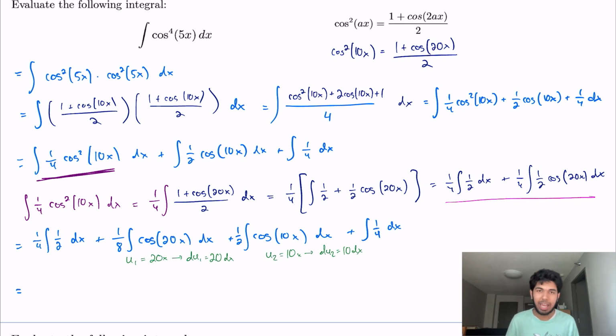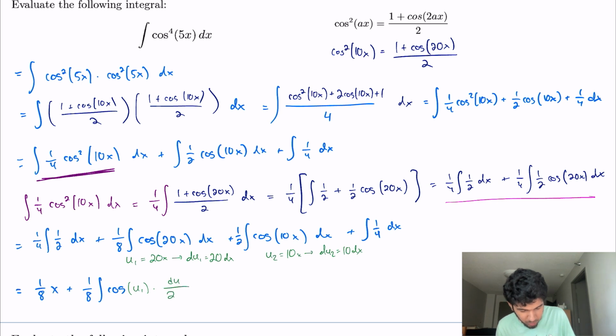So the integral of 1/2 will be 1/2 x, multiplied with a fourth gives us 1/8 x, plus 1/8 the integral of cosine of u1 times du1 over 20, and then we add to that 1/2 the integral of cosine of u2 times du2 divided by 10, and then the last integral is just 1/4 x.